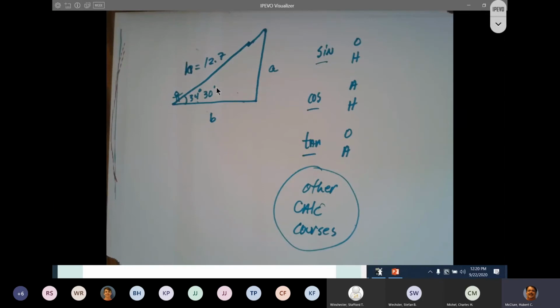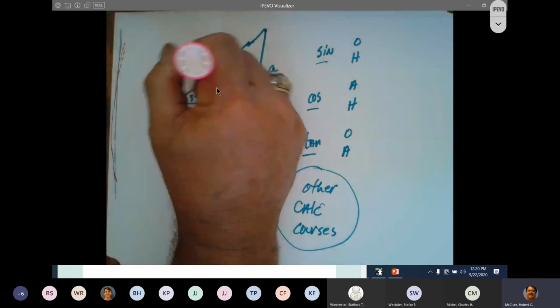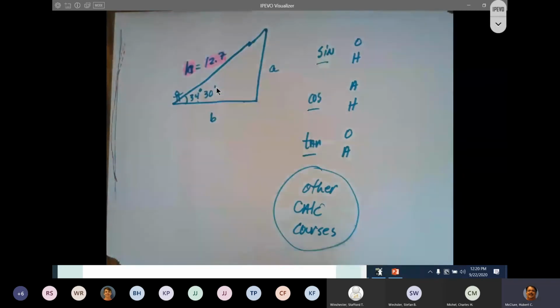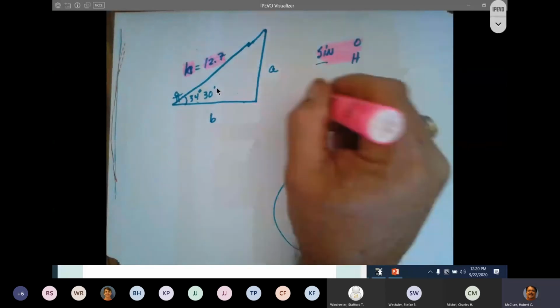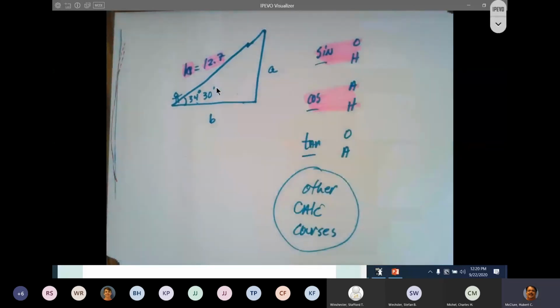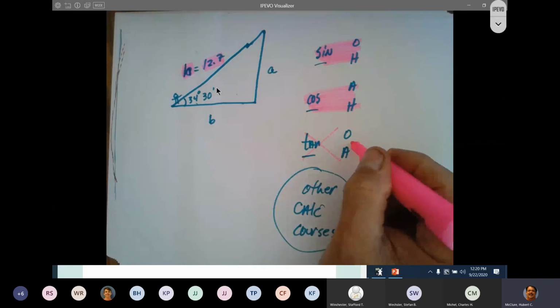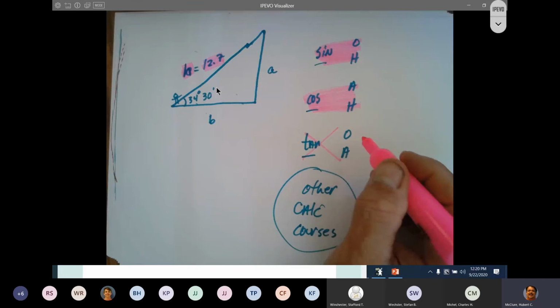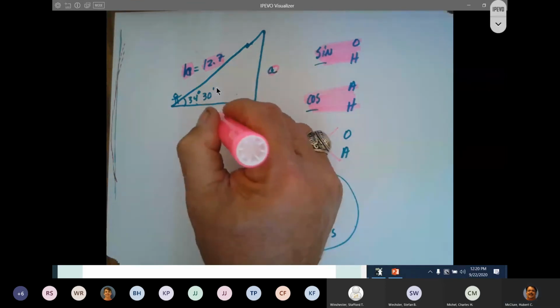All right, so anyway, which one of these has the hypotenuse in it? Well, I've got my hypotenuse right here because it's given. So I'm going to have to use either the sine or the cosine. Which one am I not going to use? I'm not going to use the tangent because it's got two unknowns in it, the opposite and the adjacent.